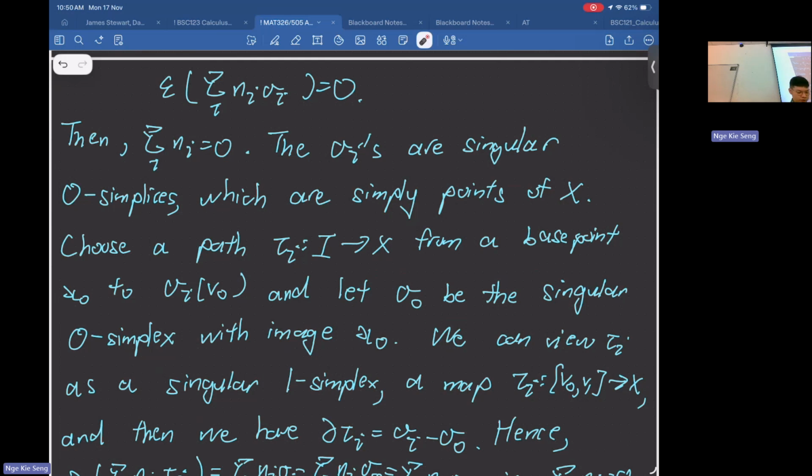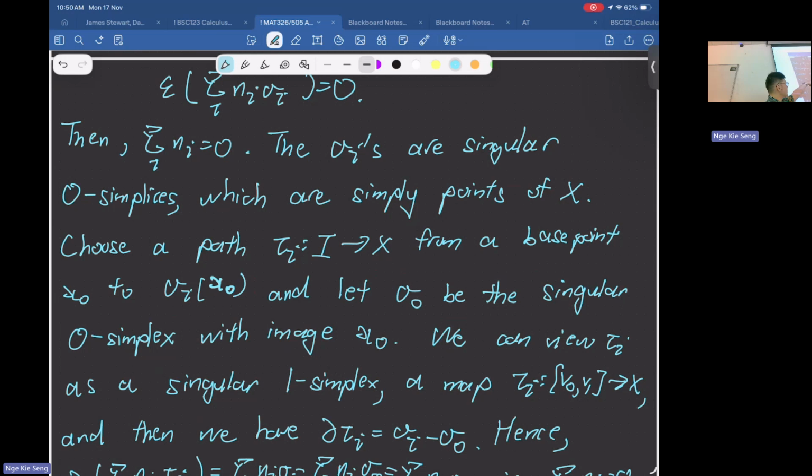And then to sigma_i of s0. For each sigma_i, you pick this tau_i. Because there's a lot of sigma_i here, you pick a path from some base point x0 to all these sigma_i(s0).